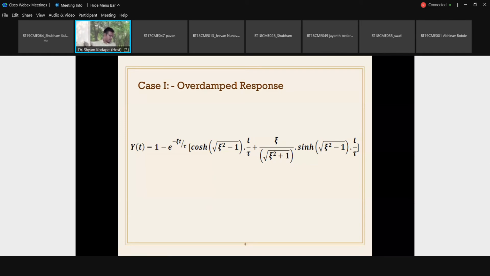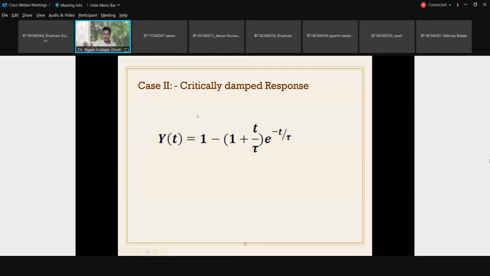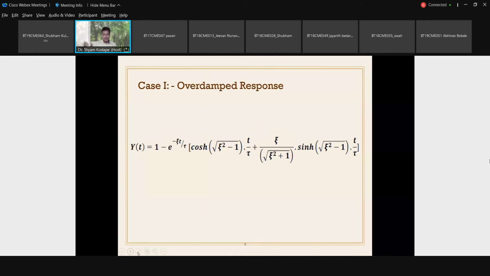This is the y(t) expression, on inverse of that equation, but this is the response for a unit step change. After inversing it, you will get this type of format.